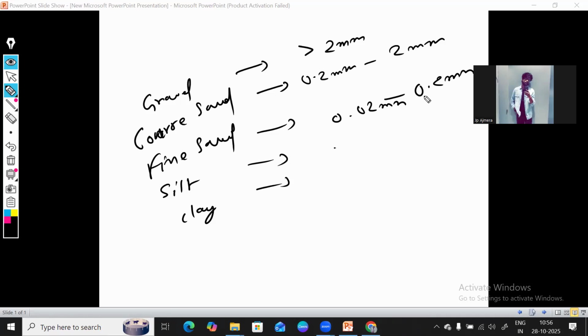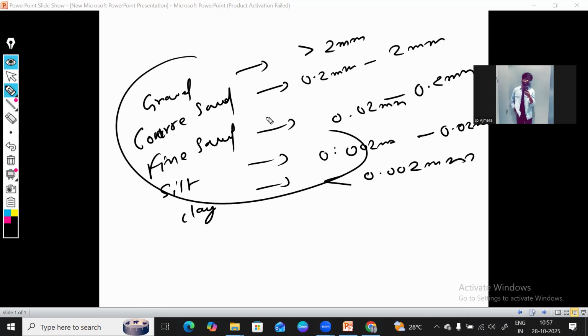Always remember, whenever you write any classification regarding soil particles, the size of clay is less than 0.002 mm. So this size will come here automatically.